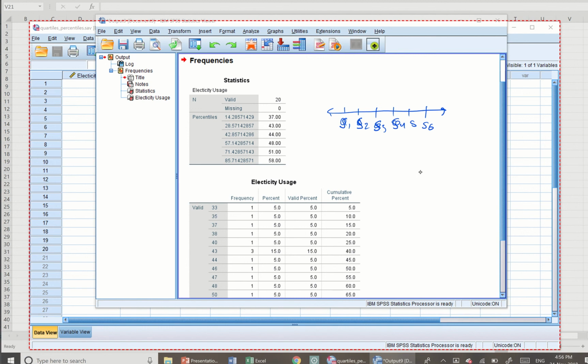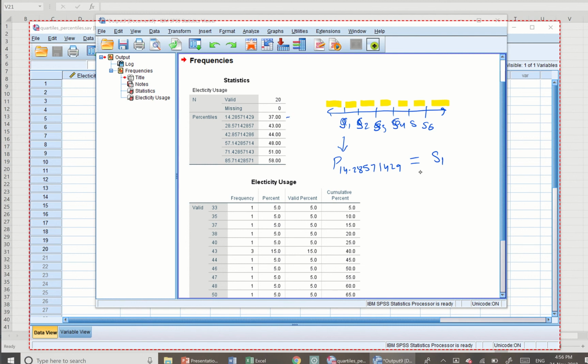So this divides the series into 7 equal parts, septiles: 1, 2, 3, 4, 5, 6, 7. So there will be S6, right? So this percentile, which is 14.28571429, is nothing else but the first septile.